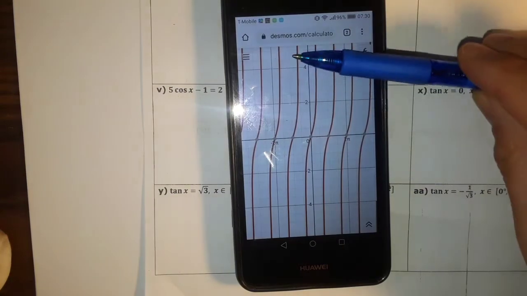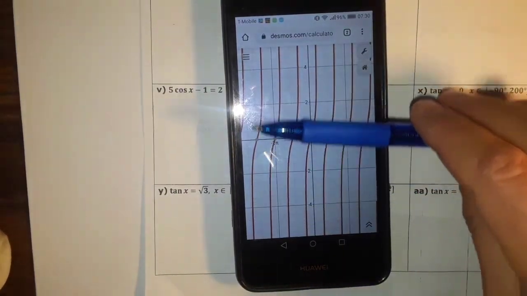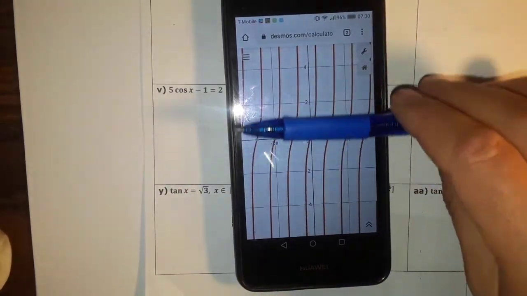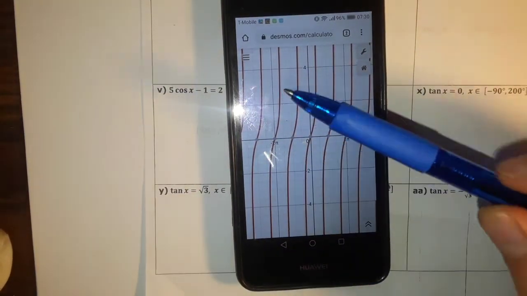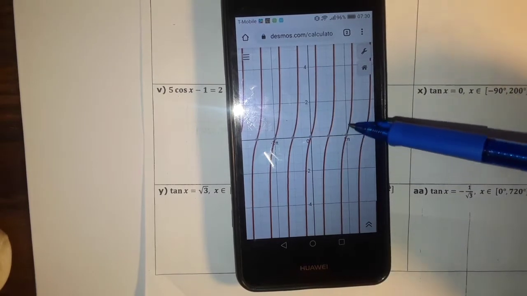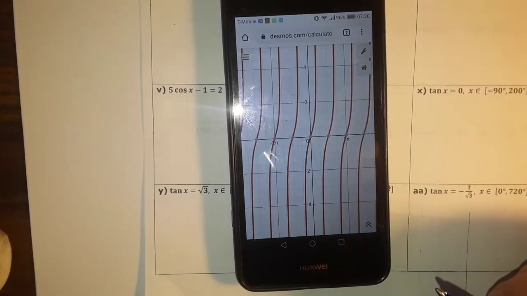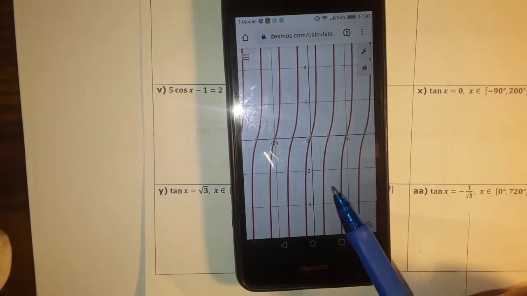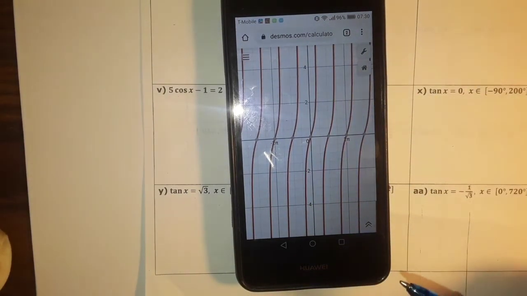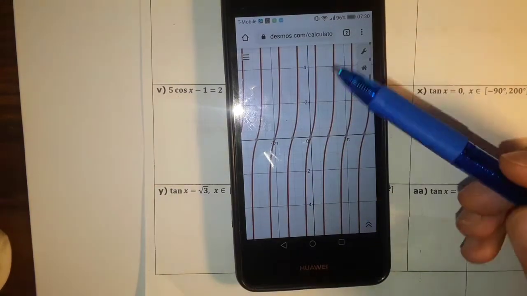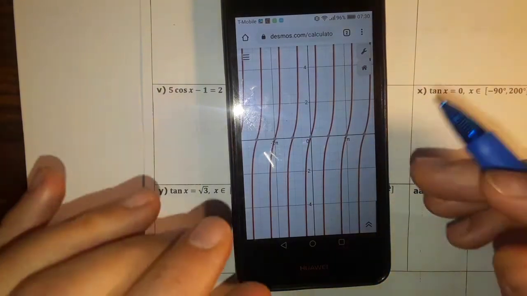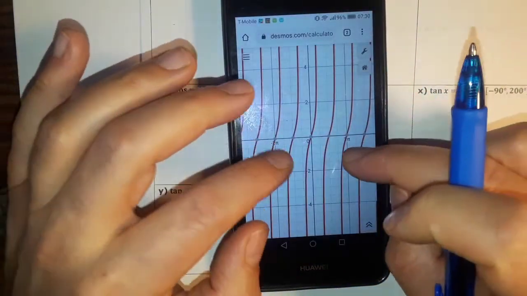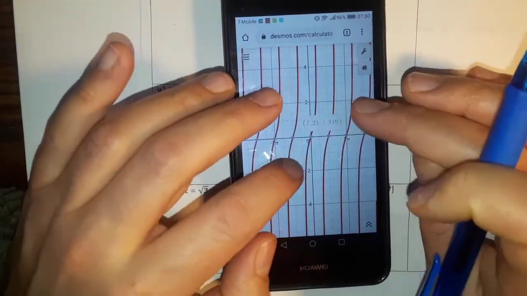The range of sine and cosine is restricted from negative 1 to 1, it doesn't surpass those values, while here this goes up forever. So we also have asymptotic discontinuities.